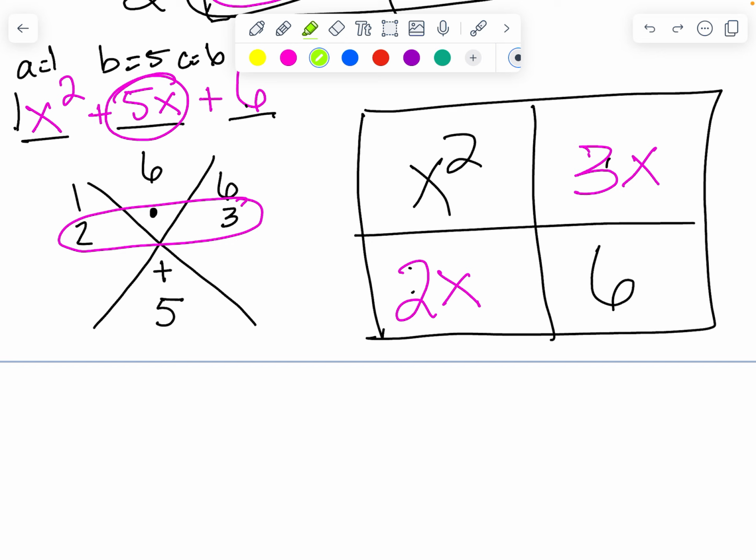Well, to get x squared, by definition, that is just x times x. And then I can look and see, to get 3x, it's x times 3.